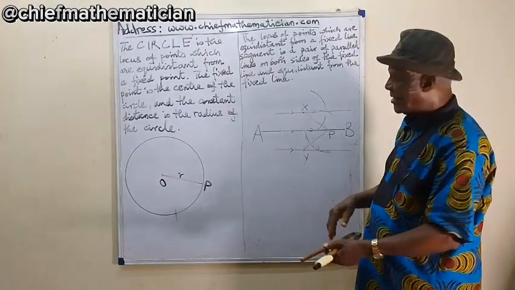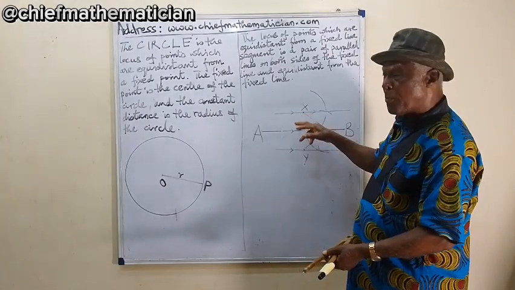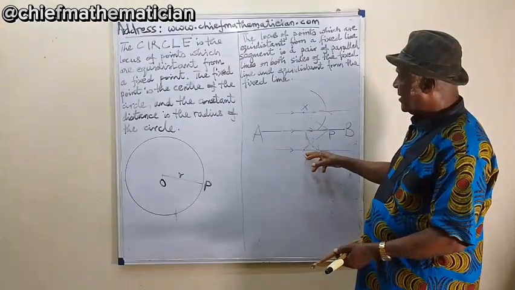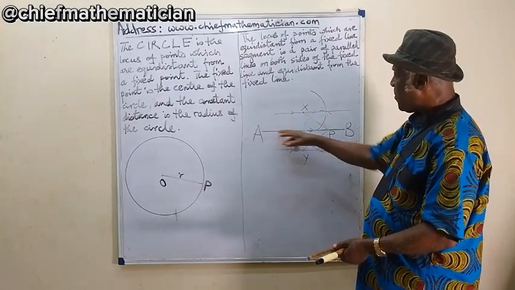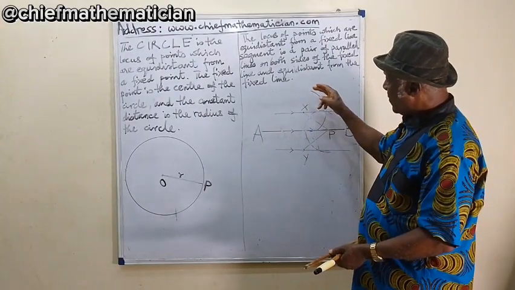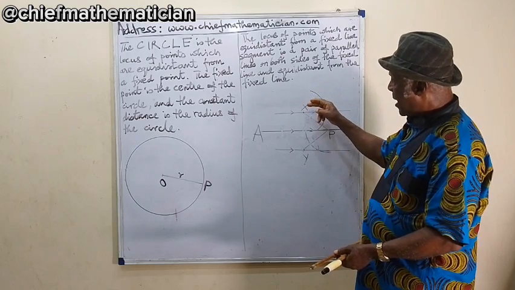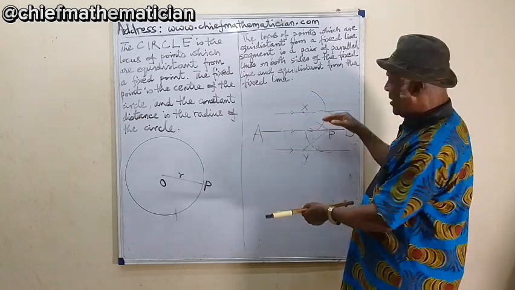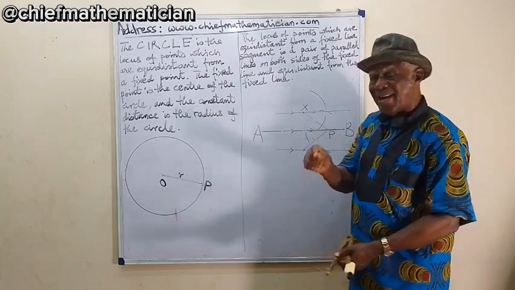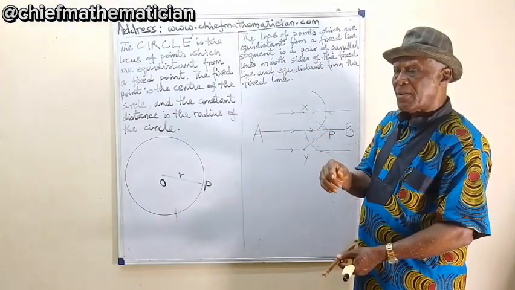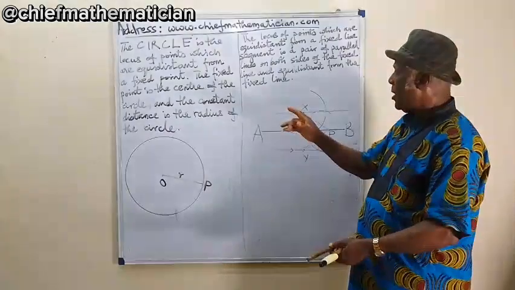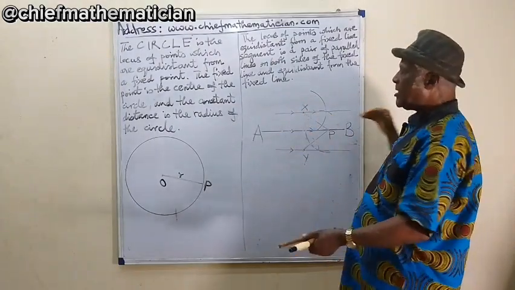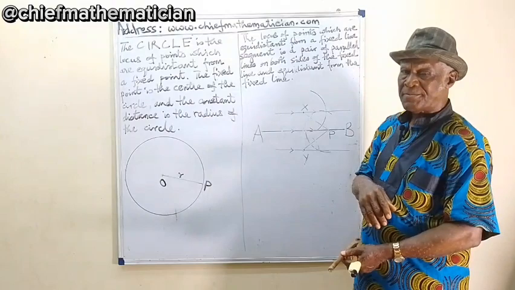So what you do is you take two points X and Y equidistant from AB. Then you are now going to construct lines through X and Y parallel to AB.